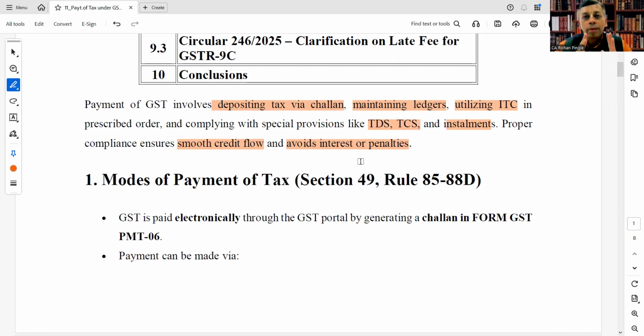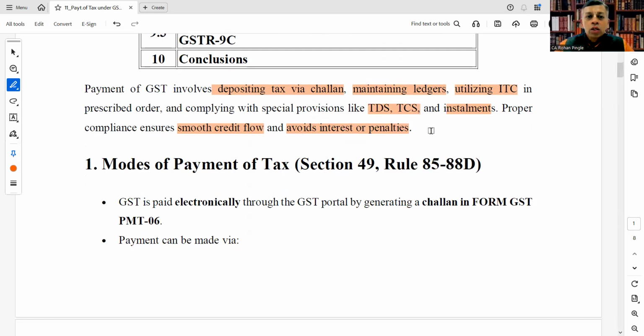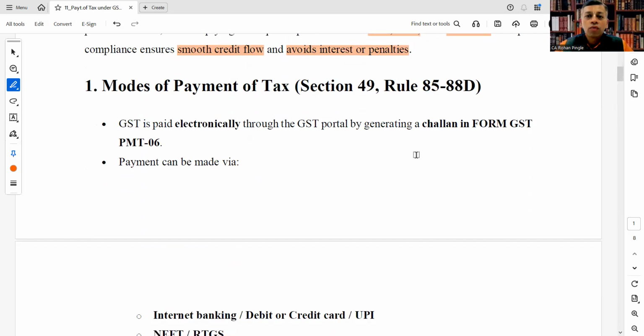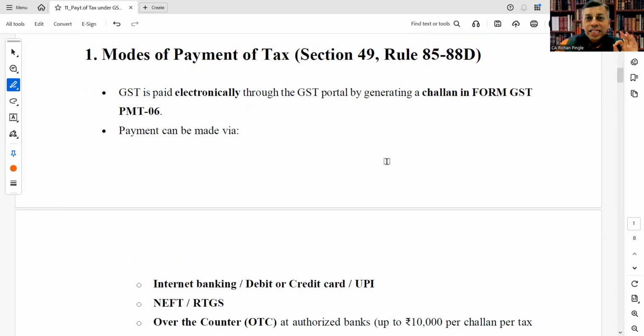The important part is payment of tax. So let's move on first. Modes of payment of tax. The relevant section is section 49 and rule 85 to 88D. GST is paid electronically through the GST portal by generating a challan in form GST PMT-06.